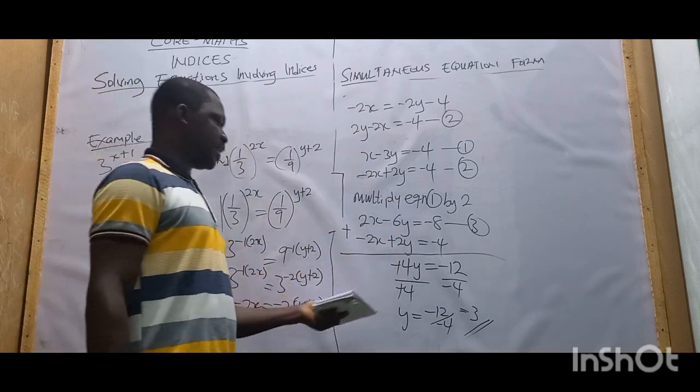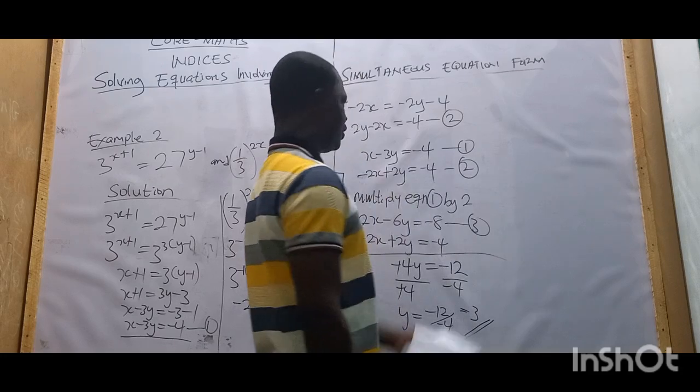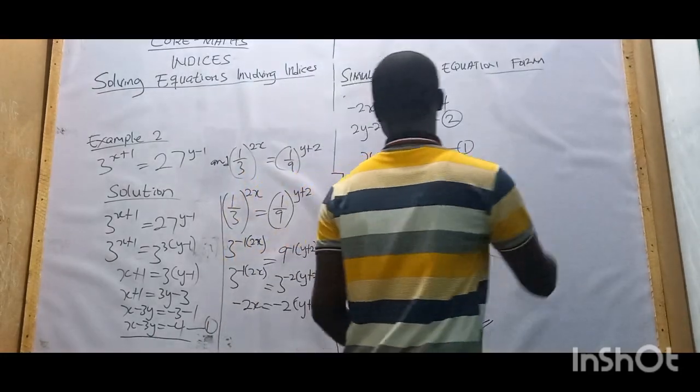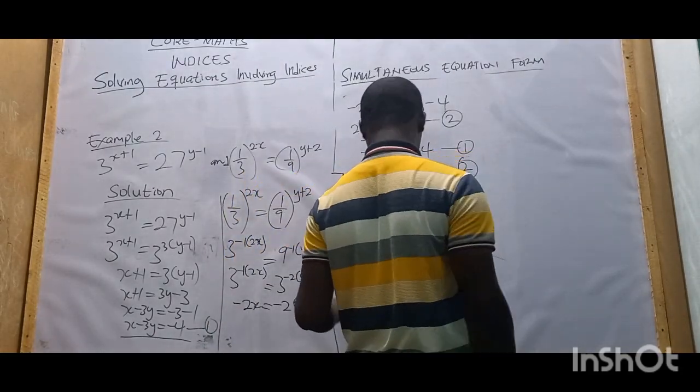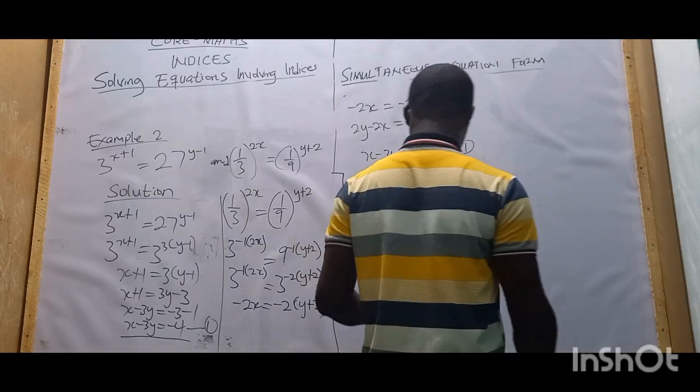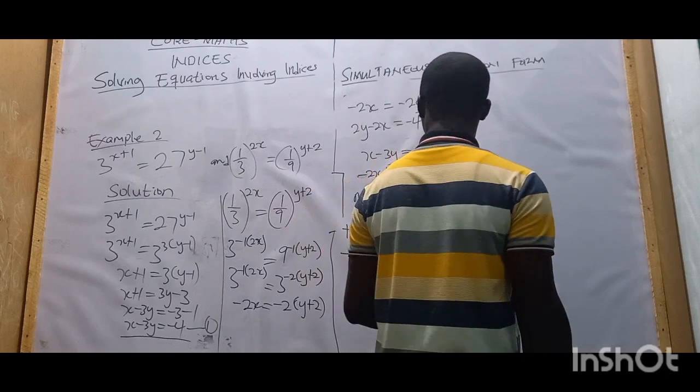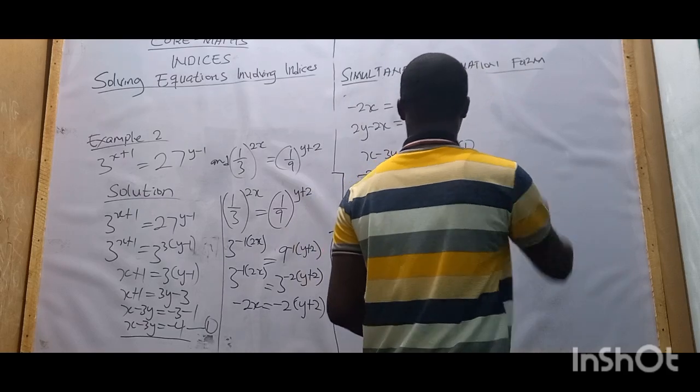So let me substitute this 3 into any of the equations to get my x. So I'll substitute it into equation what? 1. So wherever we see y in equation 1, I'll substitute what? 3 over there.